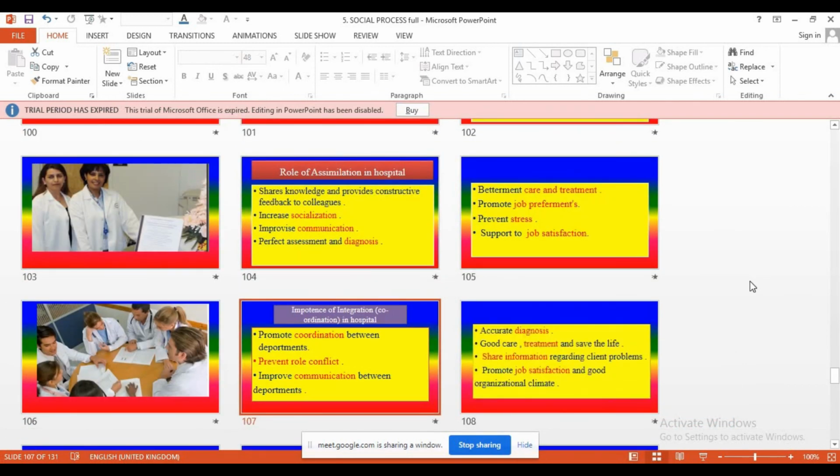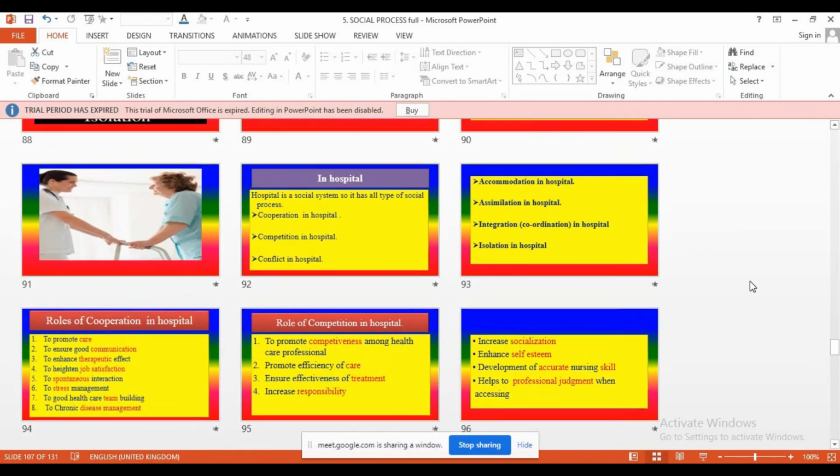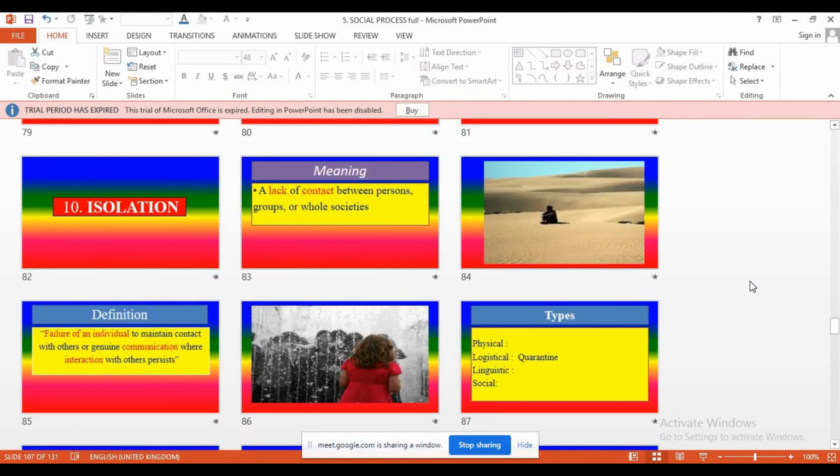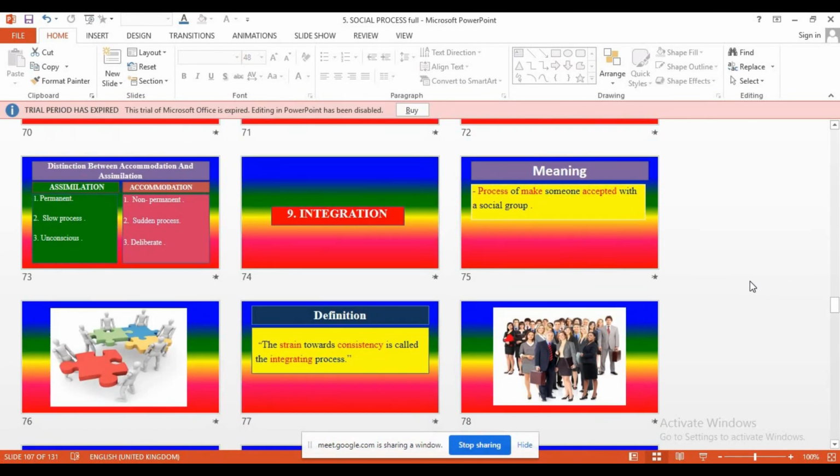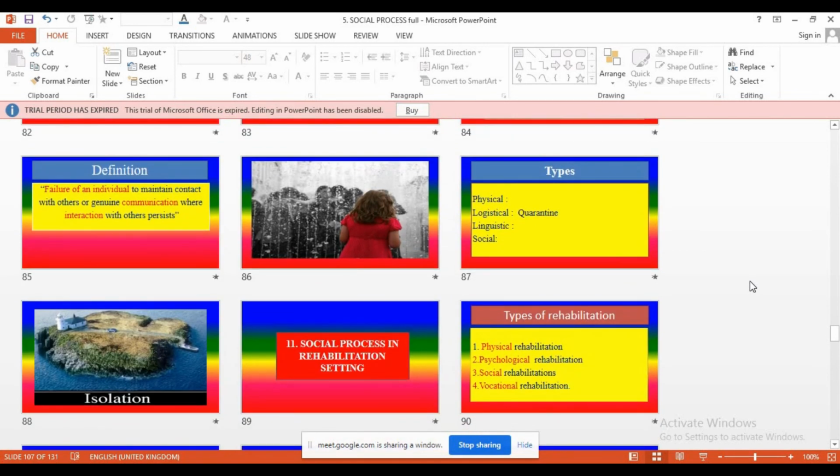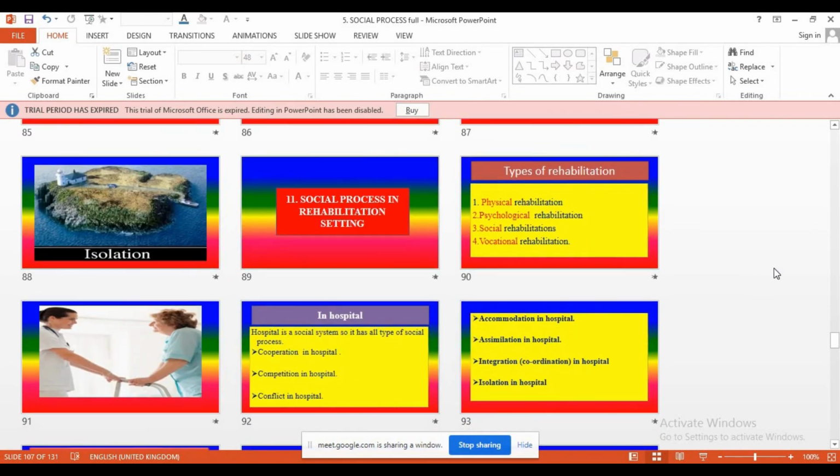Assimilation, integration, isolation, then social process in rehabilitation setting.